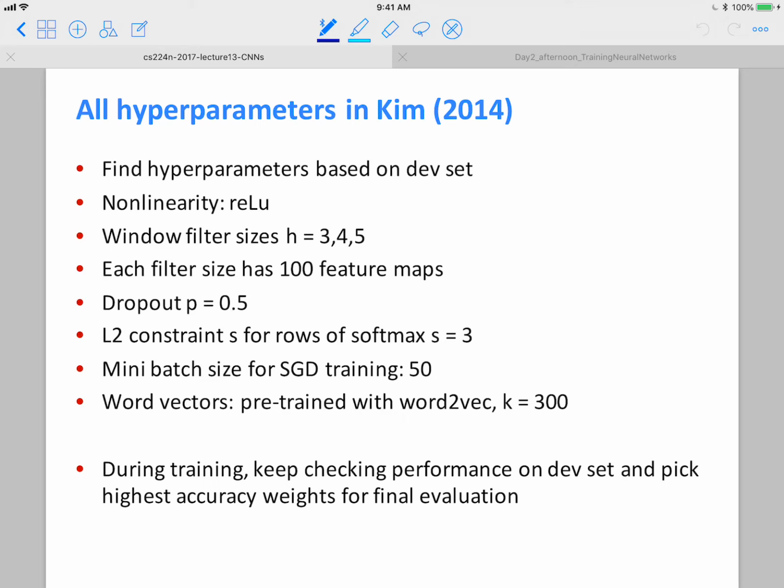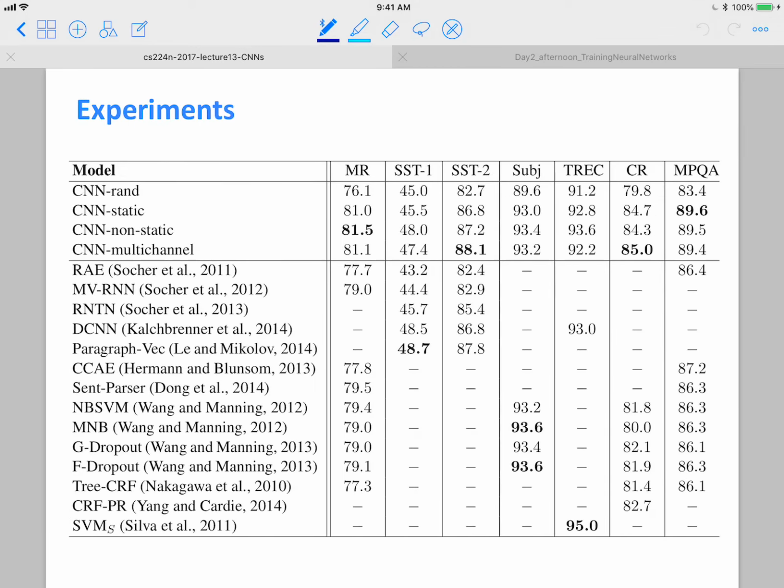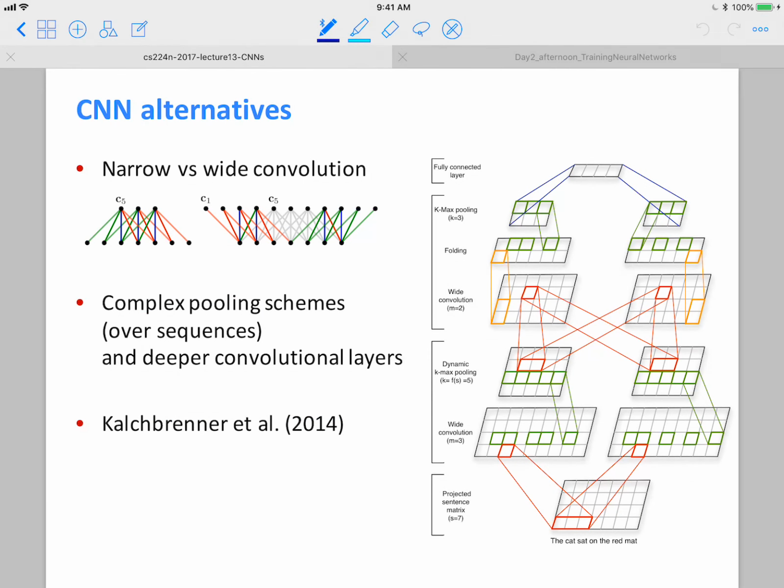Okay, then, I don't have much to explain in this lecture. I have just a little more. So what is the narrow and the wide convolution?